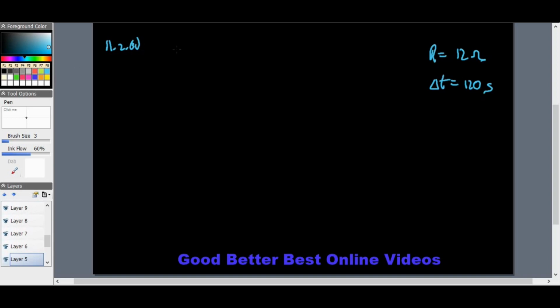This formula says the voltage going across the 12 ohm resistor is equal to the resistance of the 12 ohm resistor, which is going to be 12, divided by the total resistance, R total, multiplied by the total voltage. If you didn't know that formula, now you know, because we need to get the voltage going through the 12 ohm resistor.